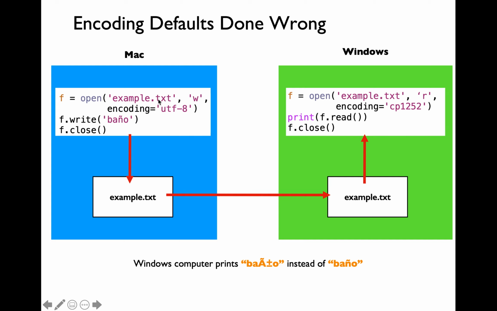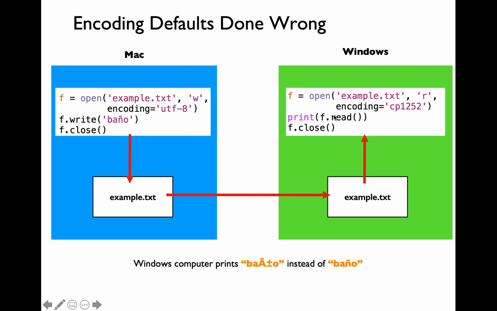The argument to the parameter is going to be the string UTF-8, which represents the UTF-8 encoding. Let's say that I want to write the string banyo. Notice that we have an ñ here. This is totally allowed. You should be able to create example.txt which contains the string banyo.